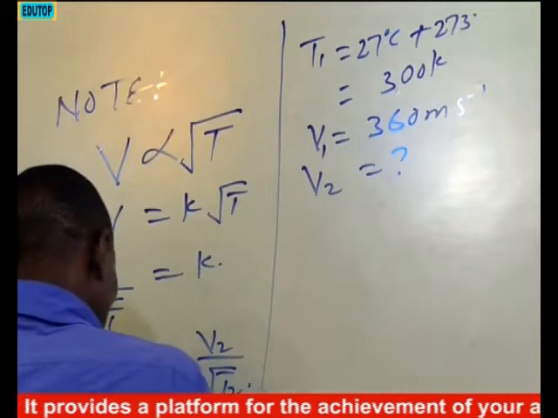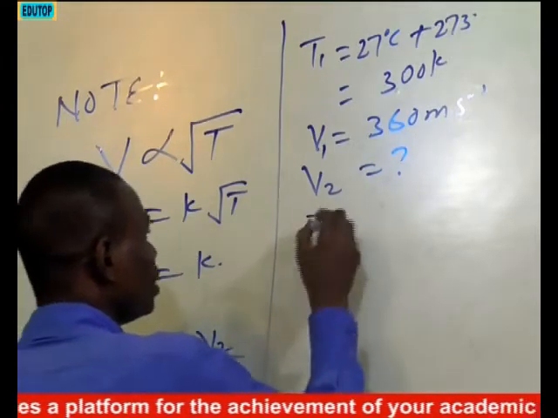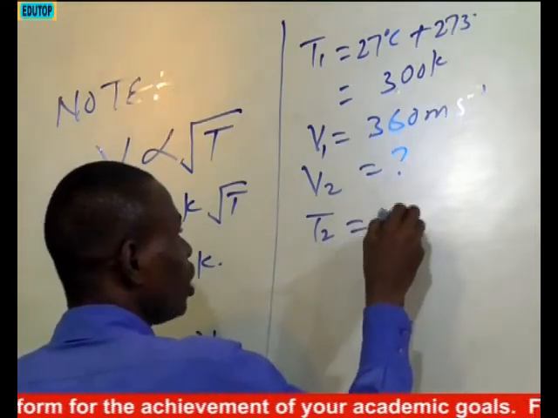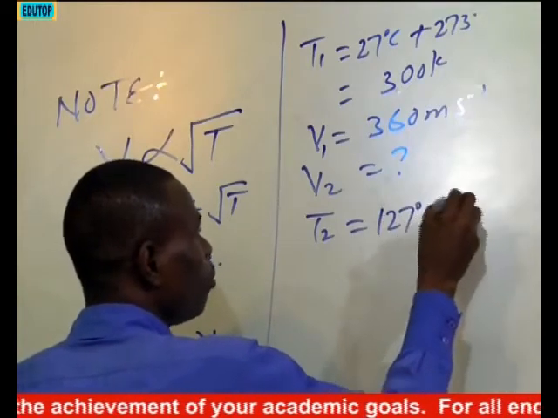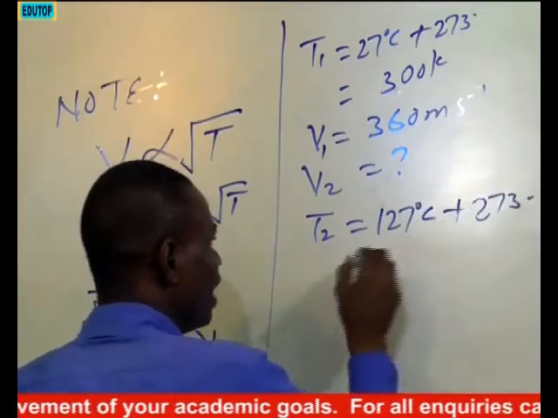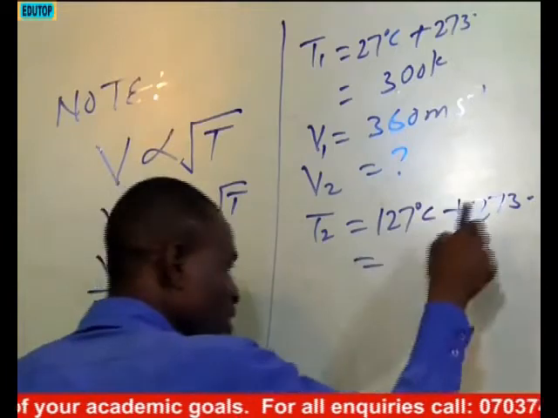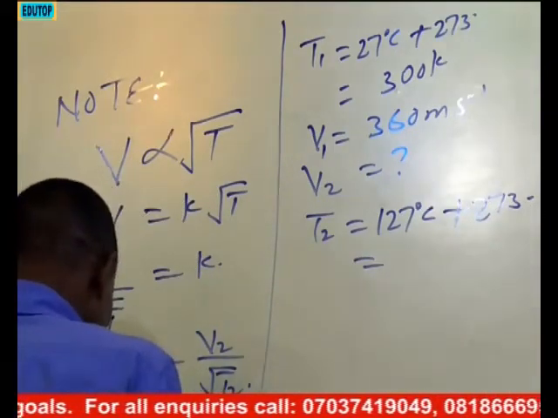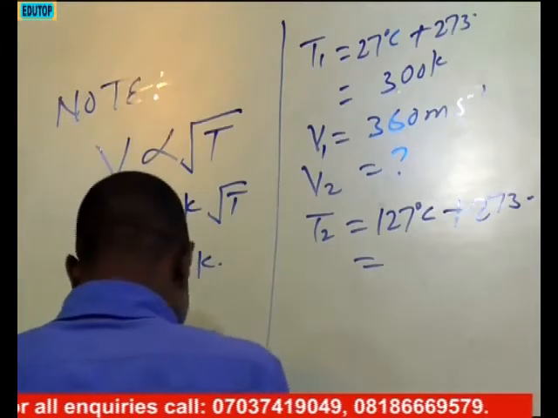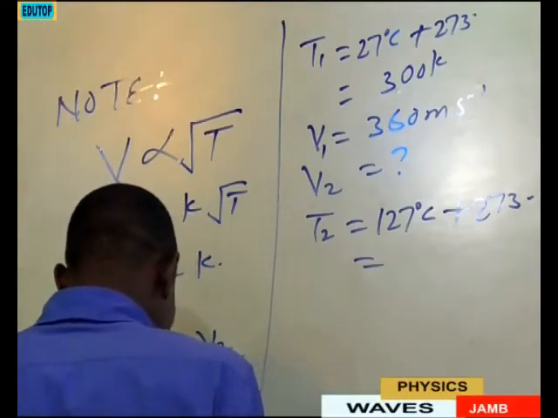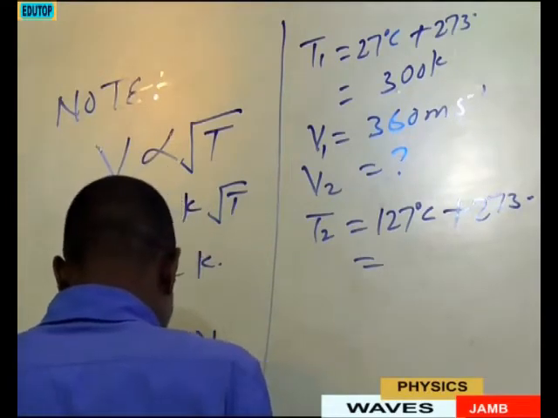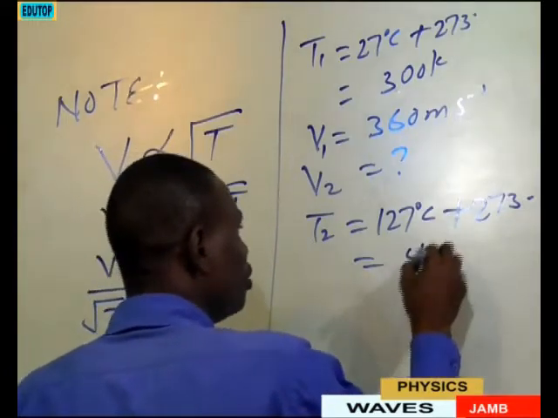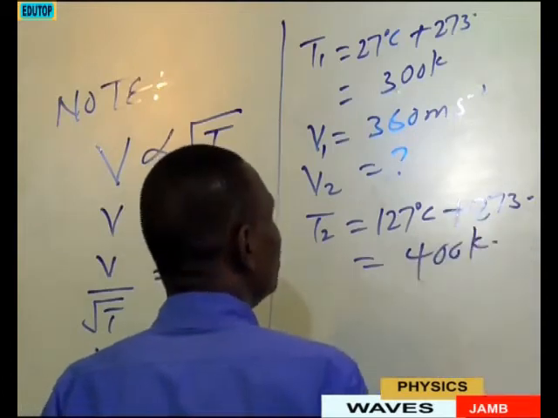So for our T2, 127 degrees Celsius plus 273 again, to convert this value to Kelvin scale. 127 plus 273, we are going to have 400 Kelvin.